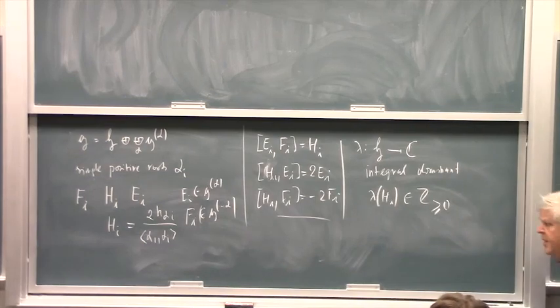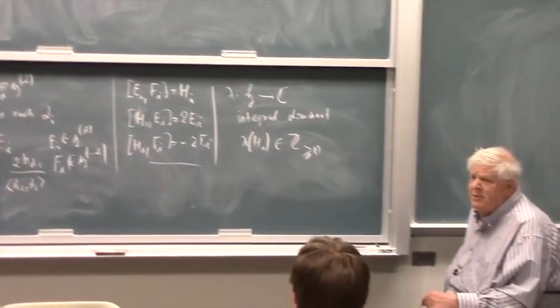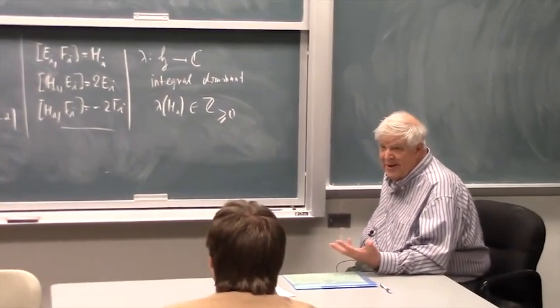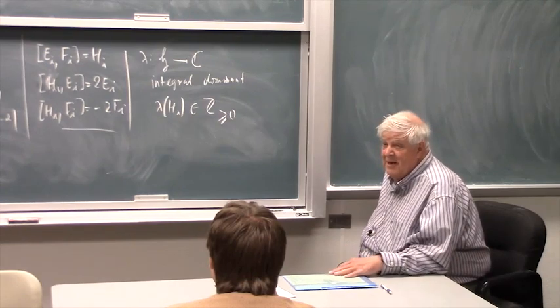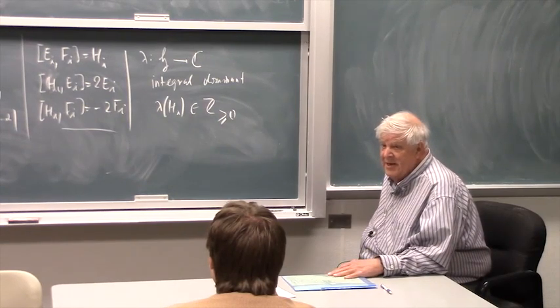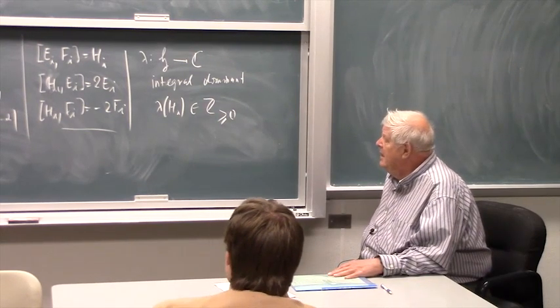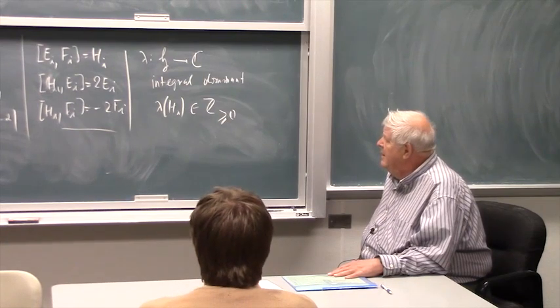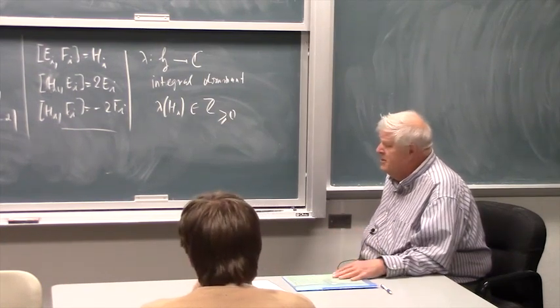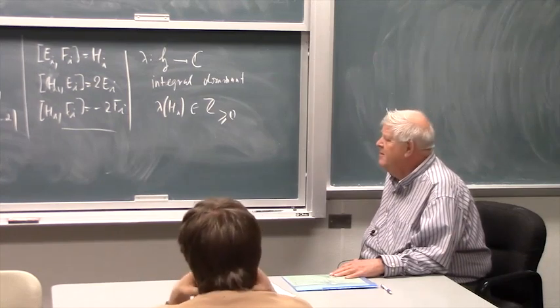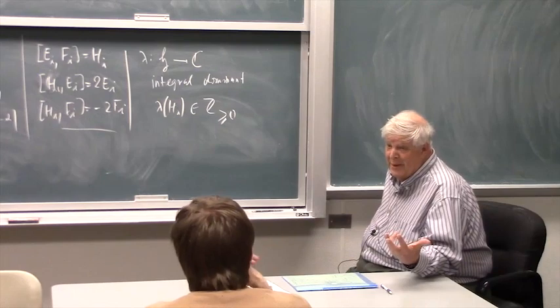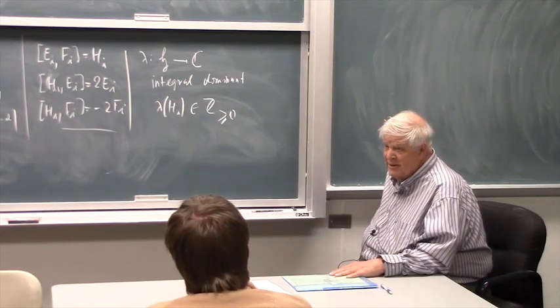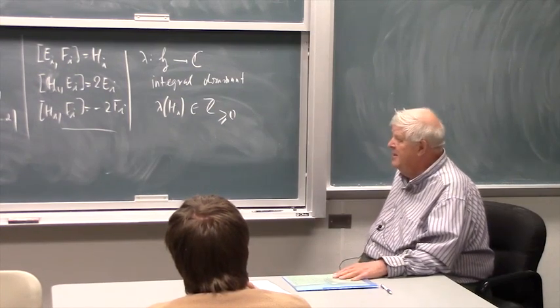I'm not sure that this term integral dominant can be applied to the case when lambda is 0. I don't see that this case is any worse than any other case, but sometimes it is written in different sources that lambda of HI should be non-zero for at least one HI. I'm not sure that this is really necessary, but let it be so.